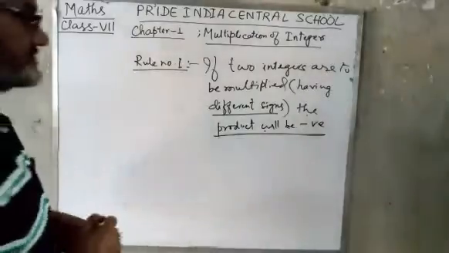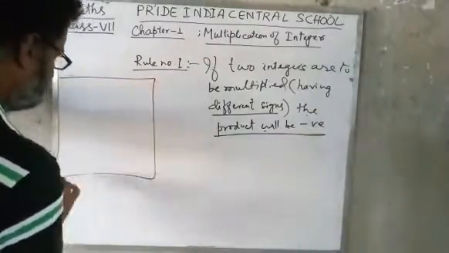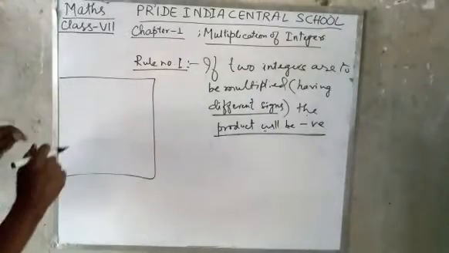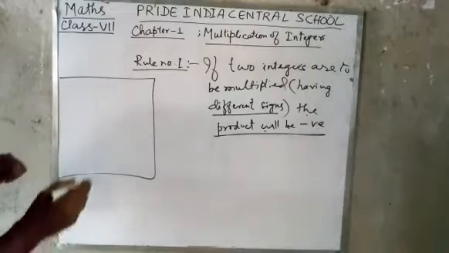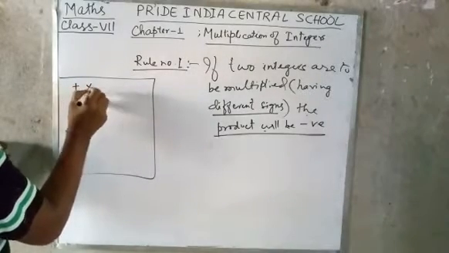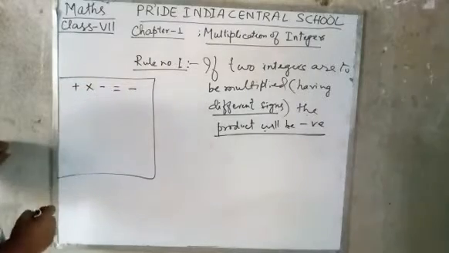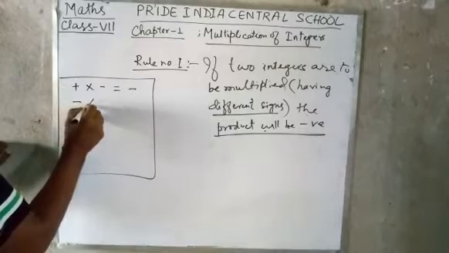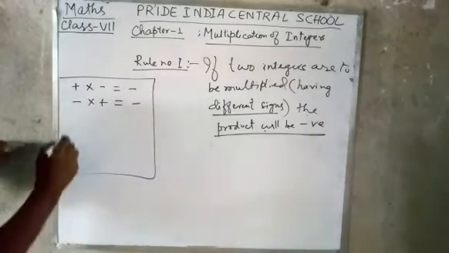For shortcut tricks, you will have to remember this small rule. Get it by heart, note it down in your notebook and practice it. If plus is multiplied by minus, it will give minus. If minus is multiplied by plus, it will give minus.